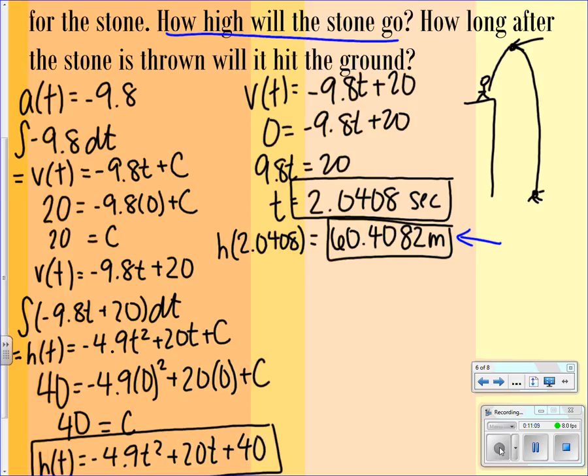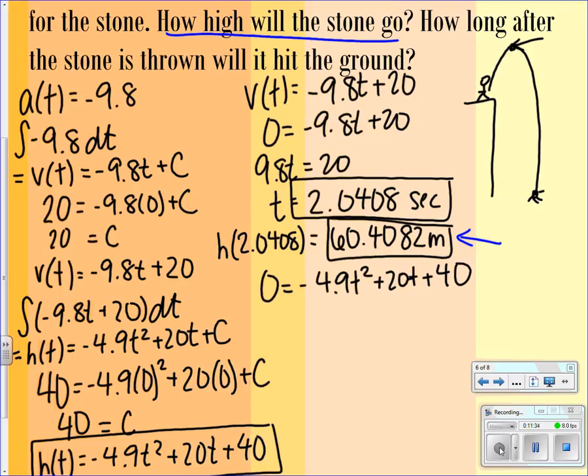Now the second one says, how long after the stone is thrown will it hit the ground? So we want to know, when is the height equal to 0? Well, in order to do that, we're just going to set our height function equal to 0. So when does this equal 0?